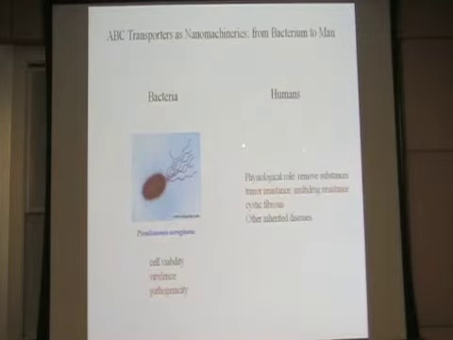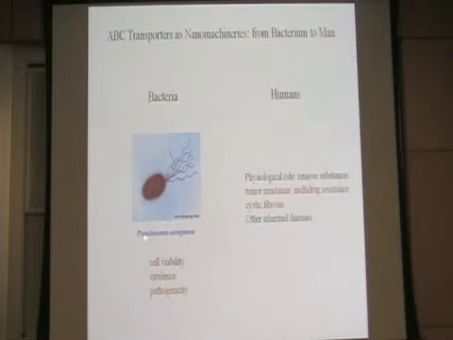In humans, of course, they have physiological roles, but also some tumor cells overexpress multi-drug resistance proteins that are all ABC transporters, and some point mutations cause the devastating cystic fibrosis disease, and also other immune diseases. In bacteria, I'm talking about Pseudomonas aeruginosa, which is also involved in virulence and pathogenicity.